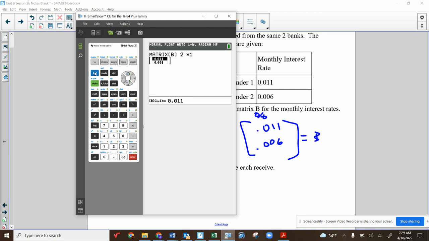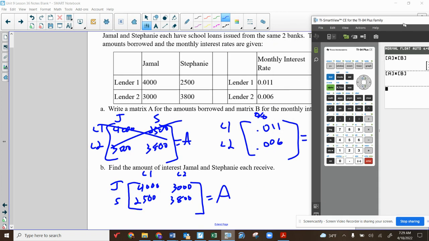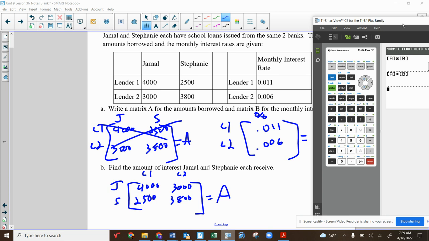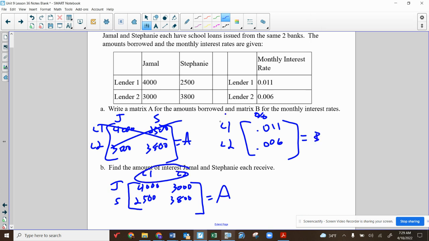Okay, got both of them in. Quit. Second matrix A times second matrix B. All right, so now lender 1 and lender 2 matched.